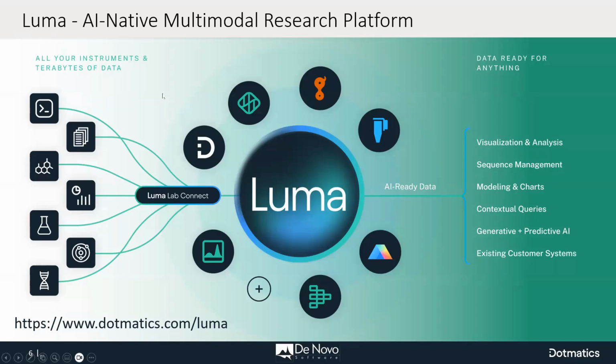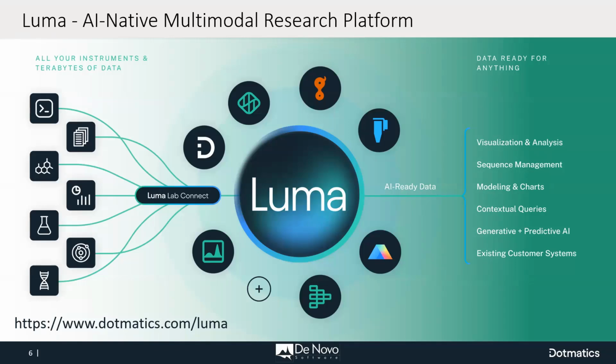Luma is an AI native, so artificial intelligence native, multimodal research platform, which means that you can integrate data from any instrument on the market and from dozens of software into the same platform, the same space, which is Luma.